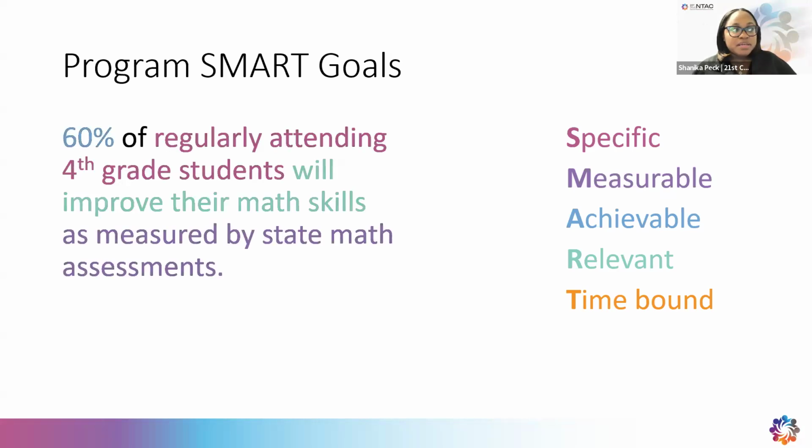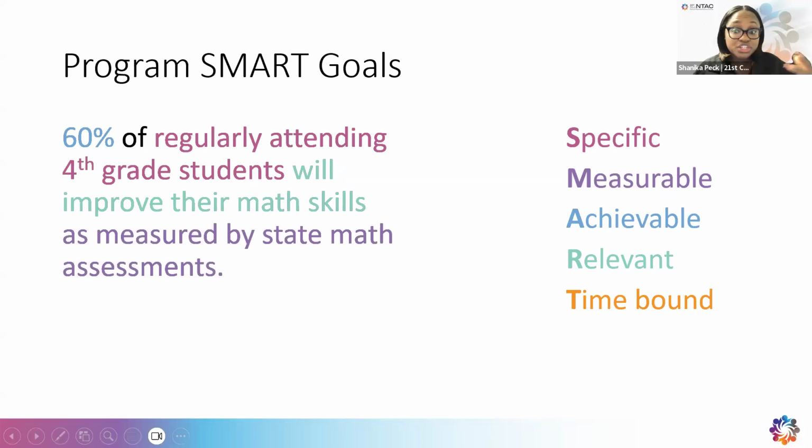We know it's specific because it's targeting sixth grade students, but not just sixth grade students, the ones who are regularly attending our program, right? We know that this is measurable because we're saying that it will be measured by state math assessments. And this is something that we can come back to measure the progress or improvements that we are contributing to because of our program.